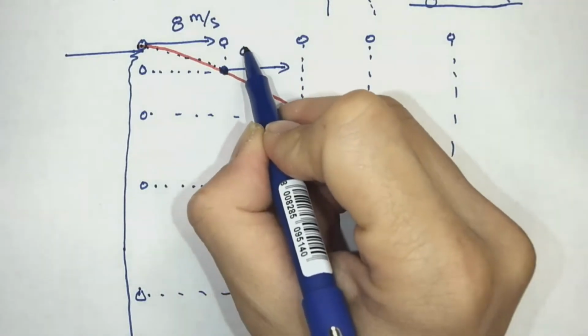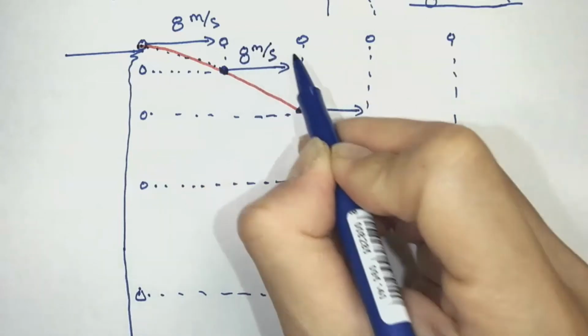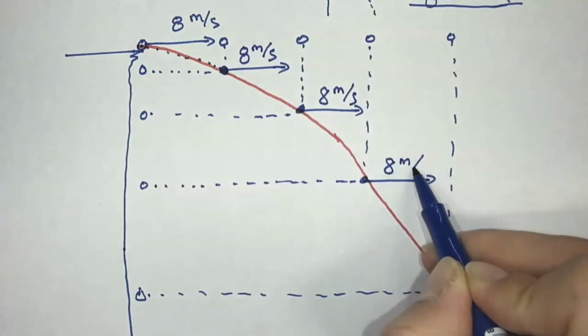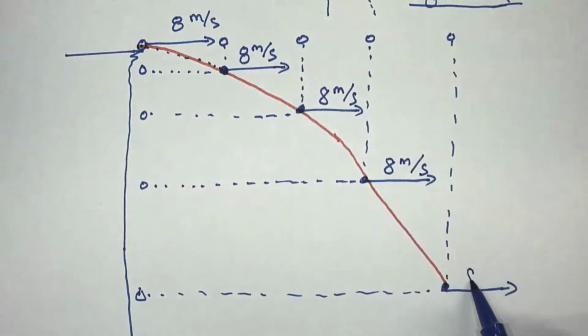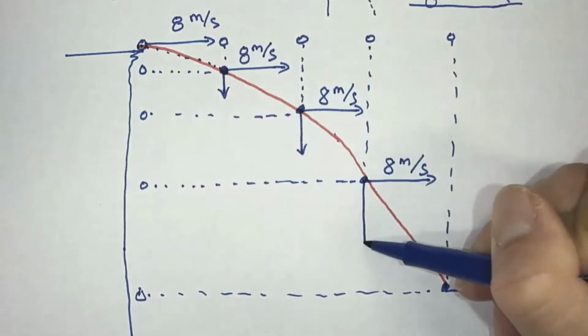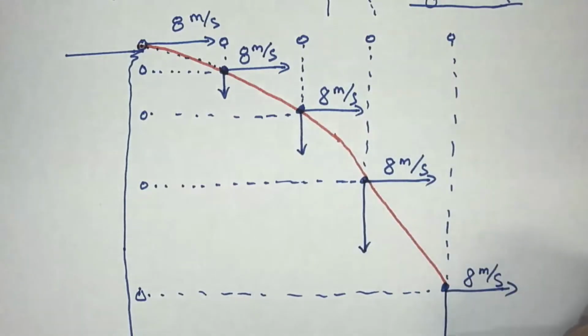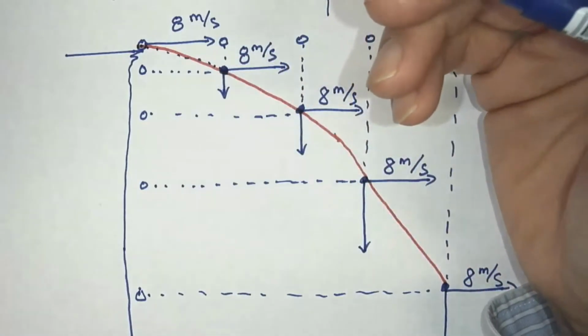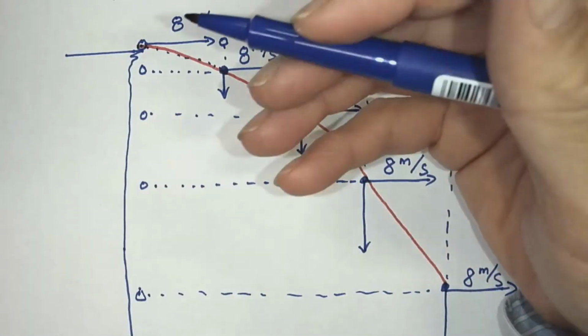Now, what you'll notice is that horizontally in a projectile motion, the velocity is constant. So at all points of this projectile falling, the horizontal velocity is going to maintain a velocity of 8 meters per second. Now, vertically, it's going to behave like a free fall object that you just drop straight down. So vertically, it's going to accelerate downward. And we know free fall acceleration, the acceleration due to gravity, is 9.8 meters per second squared, or about 10 meters per second squared.